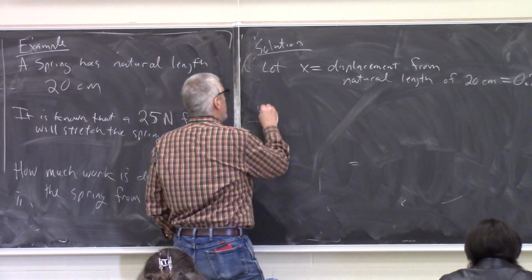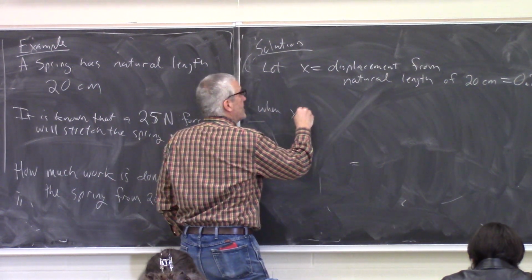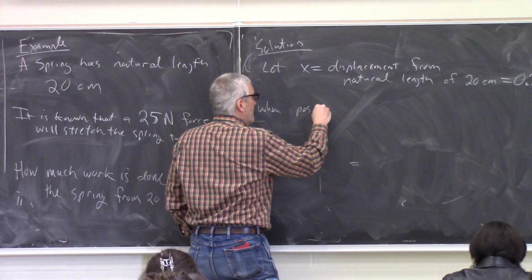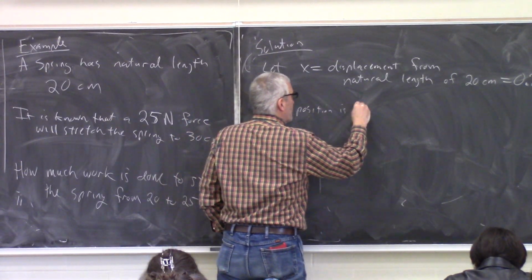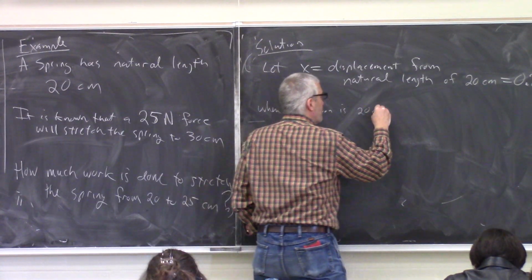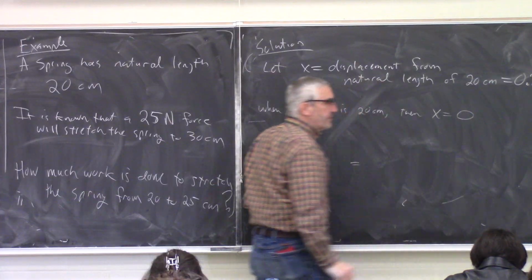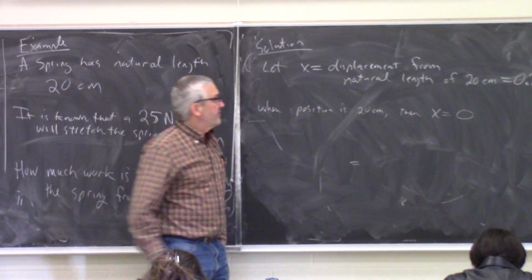So when the position is 20 centimeters, then x would be 0, because the spring is at its natural position.